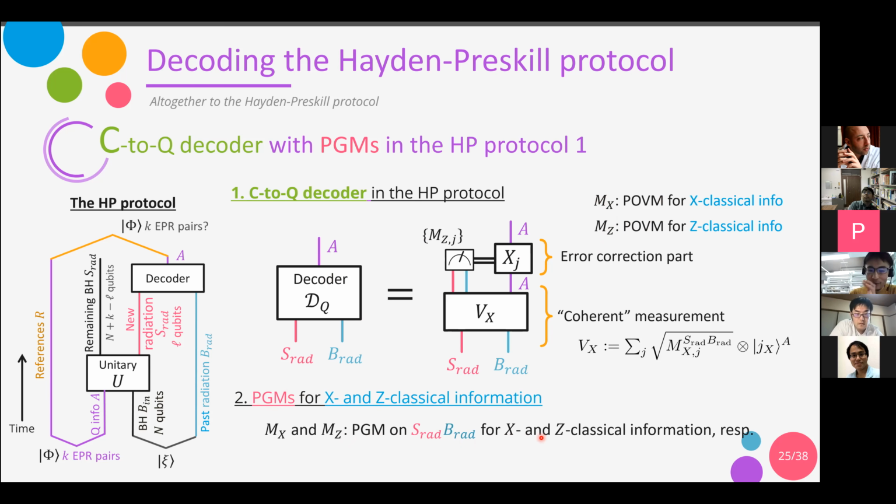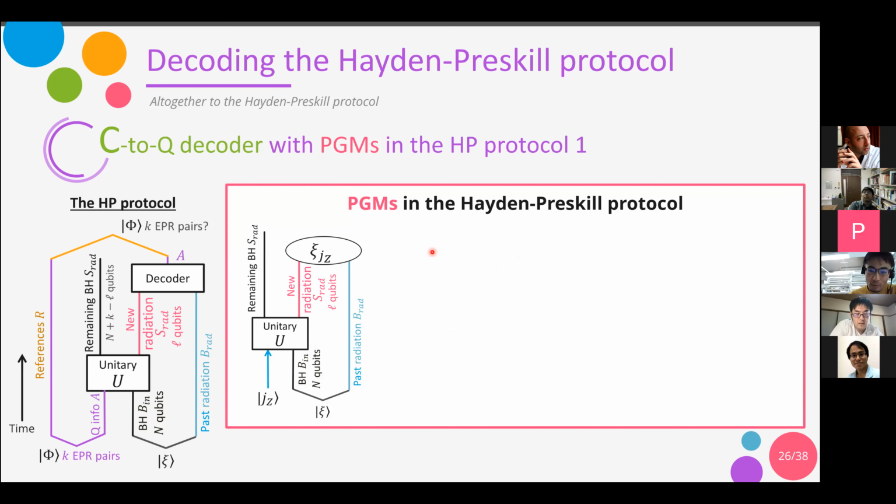So just to make everything more concrete, I'm again going to explain how we can construct PGMs in this protocol. In the original protocol, we have to input EPR pairs. But here, to construct PGMs, we input one of the Pauli, for example, Pauli Z basis state. And then we obtain some quantum state acting on the new and past radiation. This is a state on the radiation.